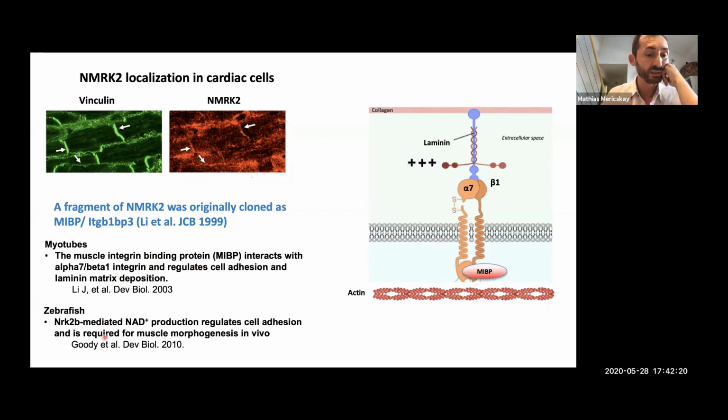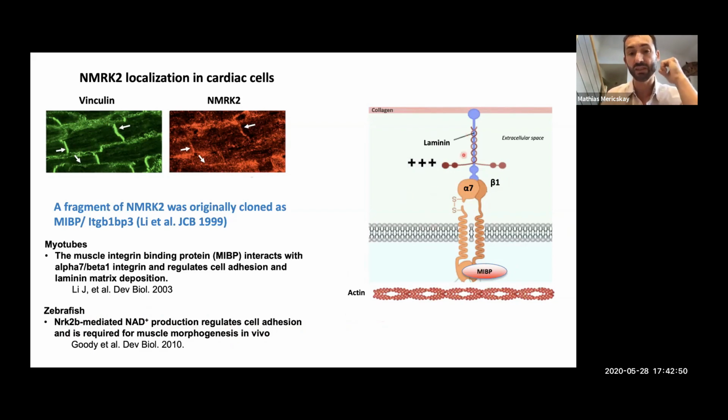And more recently in zebrafish, the NRK2B paralog of NRK2 in mammals was shown, when knocked out in these zebrafish embryos, to alter cell adhesion and the morphogenesis of muscles. So there was some indication that this NMRK2 MIBP protein also has a structural role in the context of this alpha-7 beta-1 integrin laminin interaction.